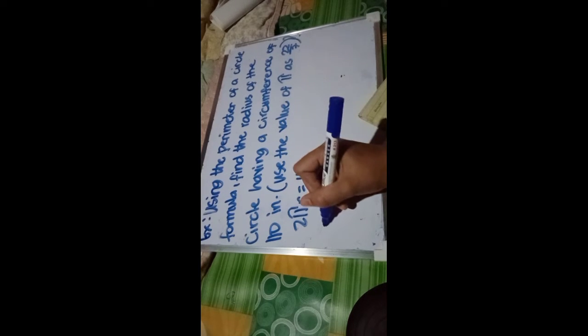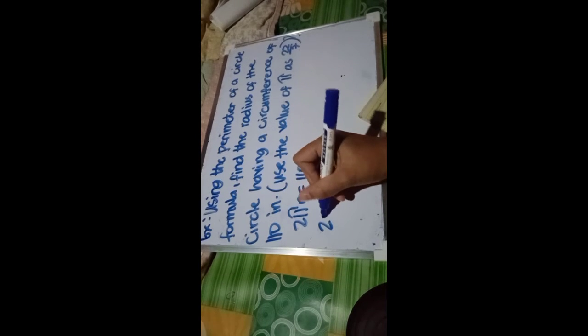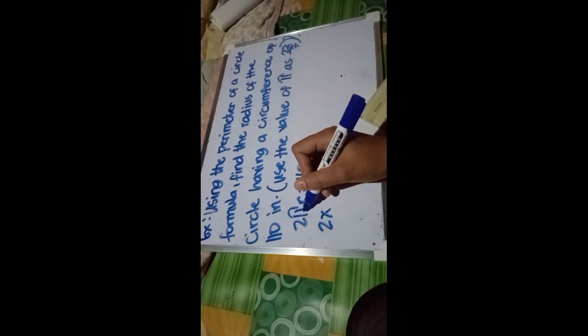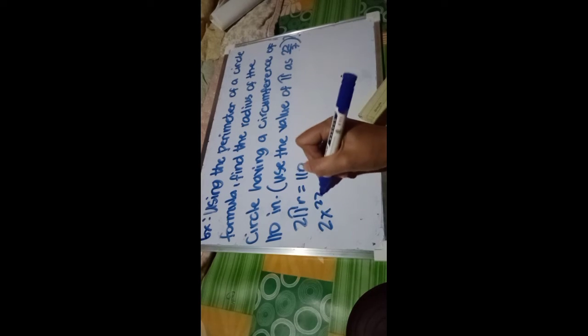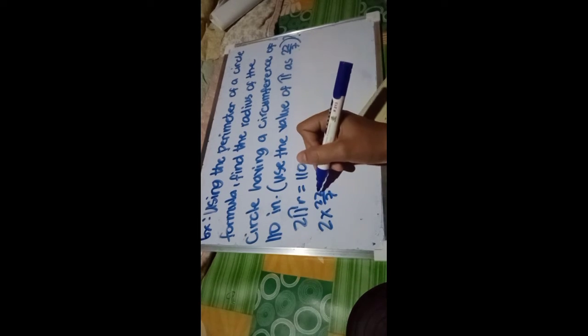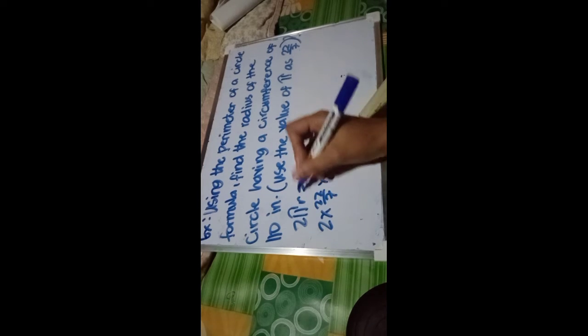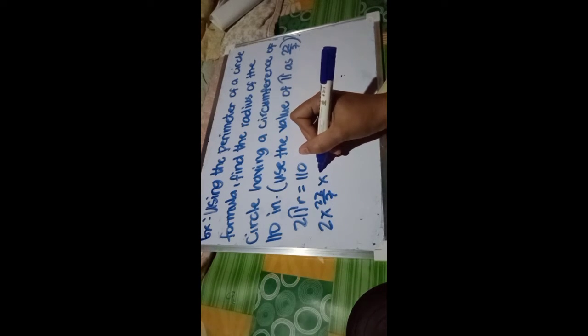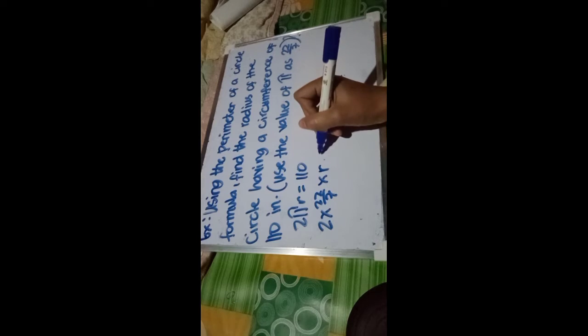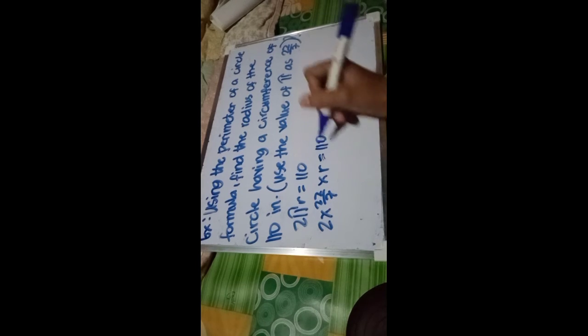So we put 2 times 22/7 times the radius equals 110.